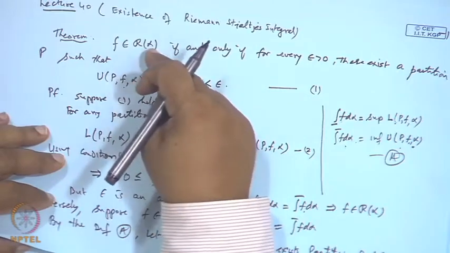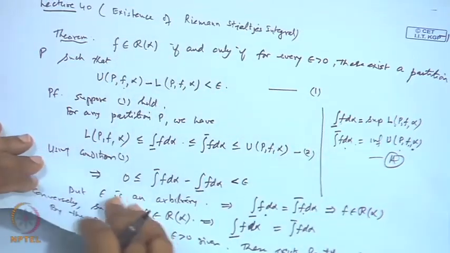In particular, when alpha of x equals x, then you can get the corresponding corollary.